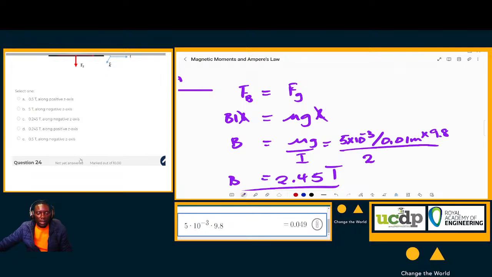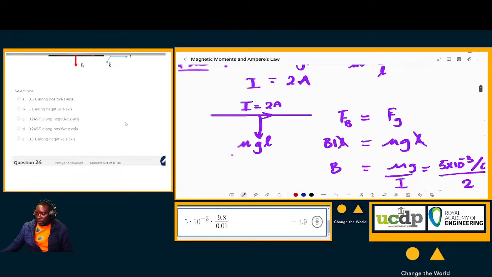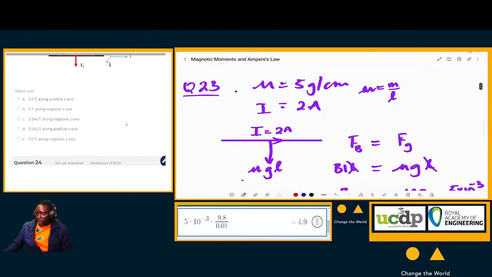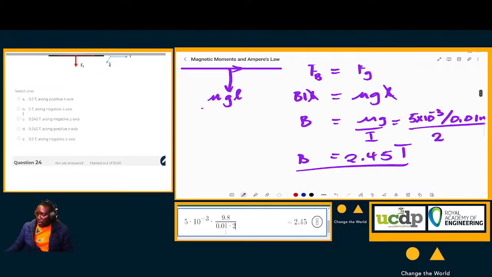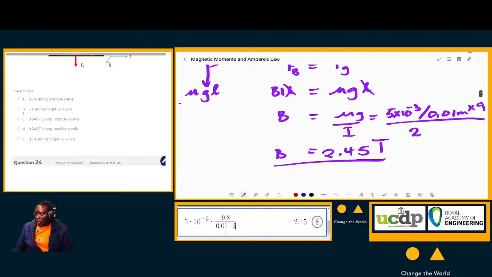Okay, I think I got it. Then divided by 1 centimeter, which is 0.01. And then it's divided by 2. Is my conversion wrong? Could my conversion be wrong? Mass per unit length. Oh, the length, I removed the length. It's mass per unit length. The lengths are all cancelled out. We remain with mu G over I.